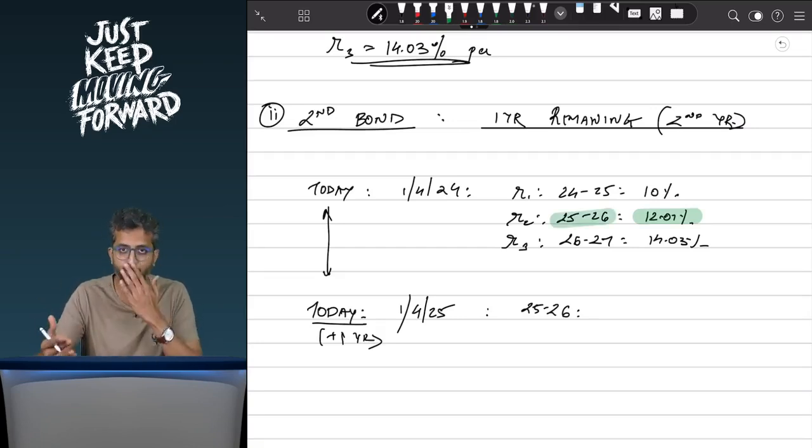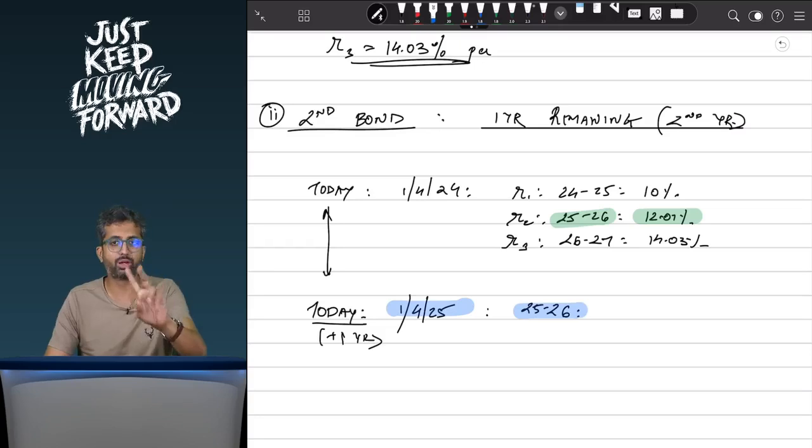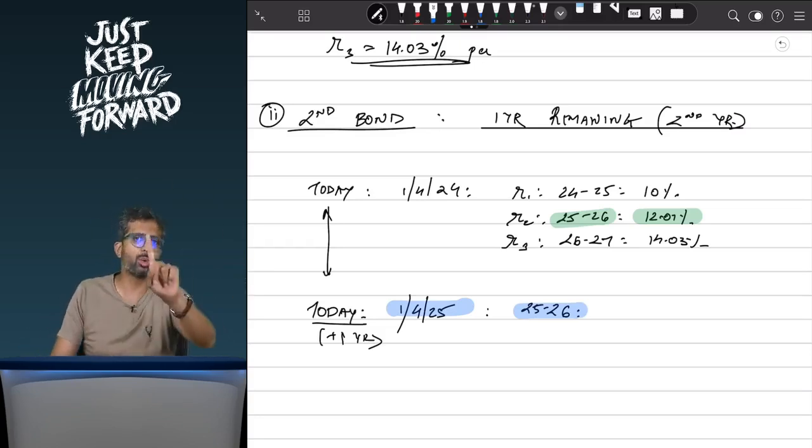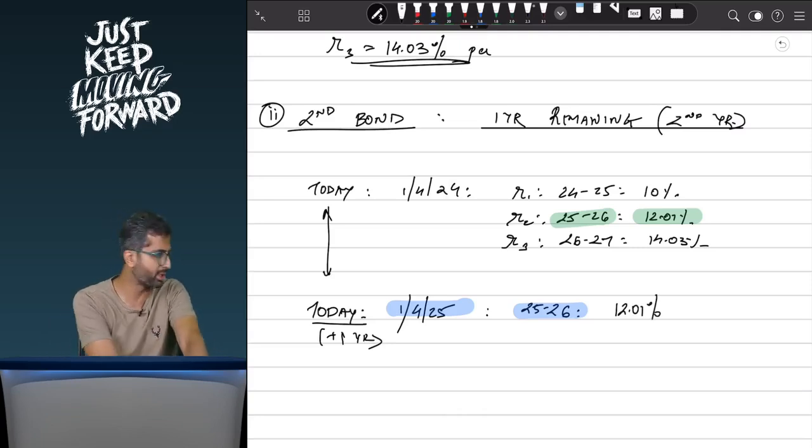Actually, when you reach that point, you see that the rate is 12.01% only. So the original 2-year bond now has only 1 more year remaining, and hence for the year 25-26, what will be the rate? Can you tell me? 12.01%. That is right. The rate over here will be 12.01%.